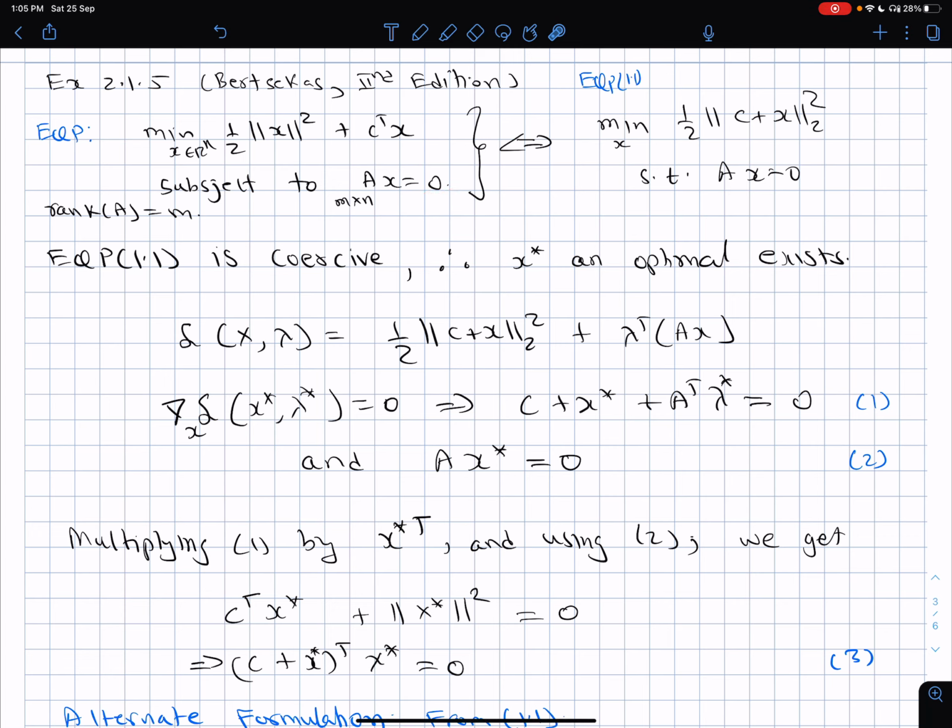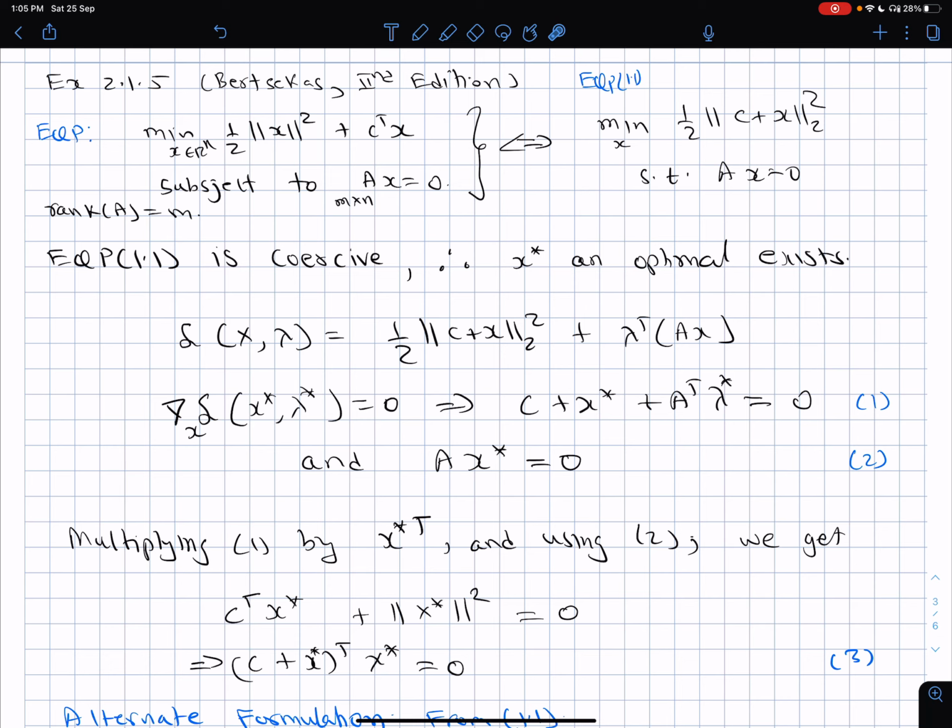This right hand side is an m cross 1 zero vector, which indicates that the restriction is that x should come from the null space of A, and for the sake of simplicity, though not critical, we are going to assume rank of A is equal to m.